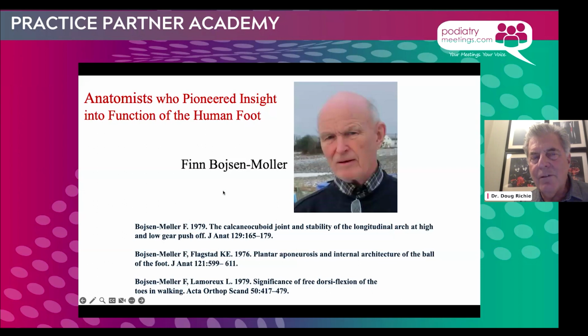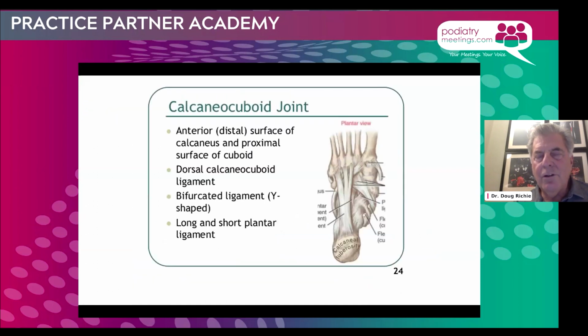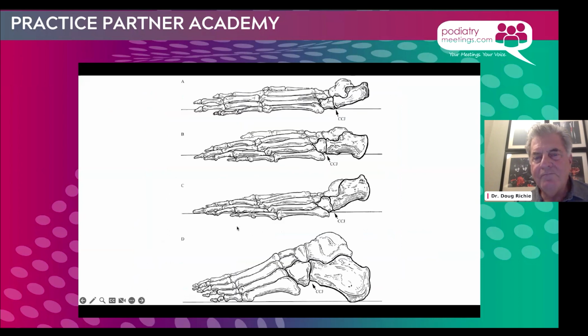The anatomist who really pioneered the insight into this was Finn Bogen-Moller, in a series of epic papers published in the late 70s, early 80s. It was Bogen-Moller who identified the unique features of the calcaneocuboid joint, starting with the ligaments: the long plantar ligament, which is a key stabilizer of the lateral column, as well as the bifurcated ligament and the short plantar ligament.